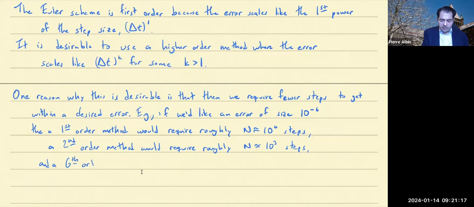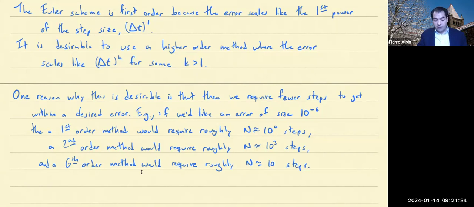And a sixth order method would require roughly 10 steps to get the same accuracy. Of course, nothing's free. Higher order methods take more work to carry out.